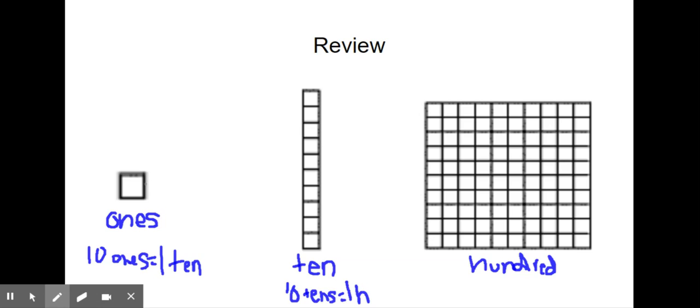So now I want to think. I'm looking at my ones. I'm looking at my 100. I'm trying to remember how many ones are in 100. How many ones are in 100? And I know there are 10 ones in 10, 10 tens in 100. I don't want to count each of these little squares, each of these ones. That's not very efficient. I'm going to count by tens.